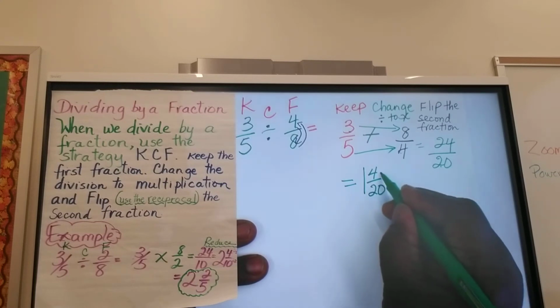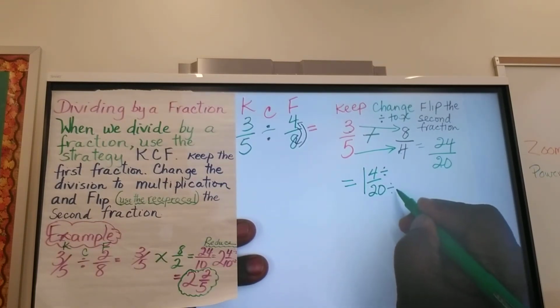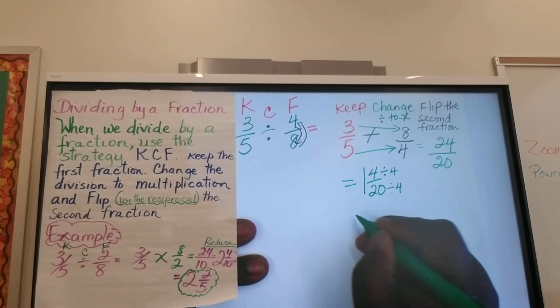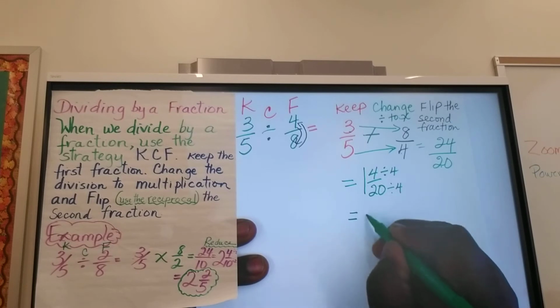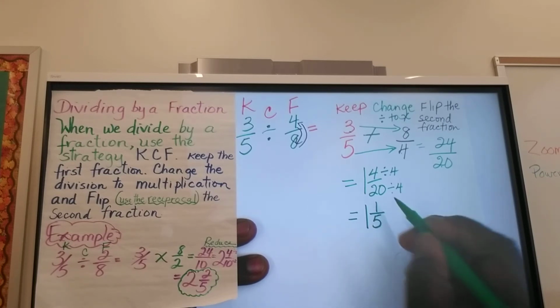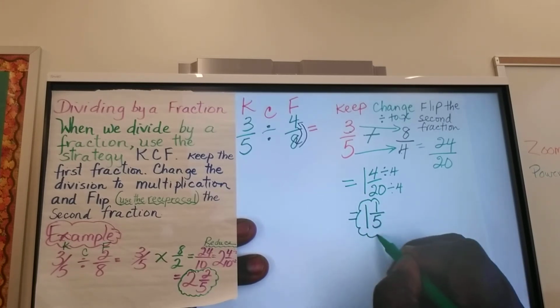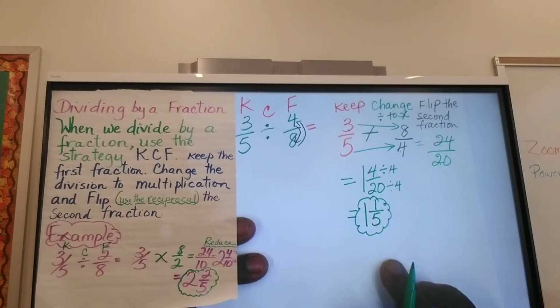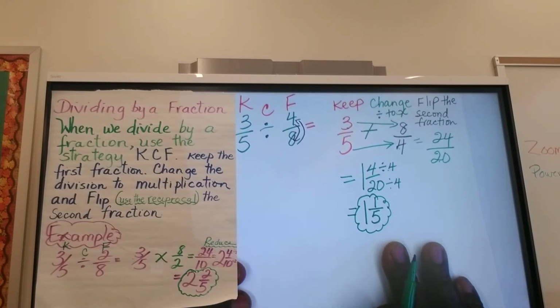So we will reduce by dividing by the greatest common factor, which in this case is 4. And now our final answer is going to be 1, and 4 into 4 is 1, and 4 into 20 is 5. Once you finish, just circle your answer so that you can see that this is the final.